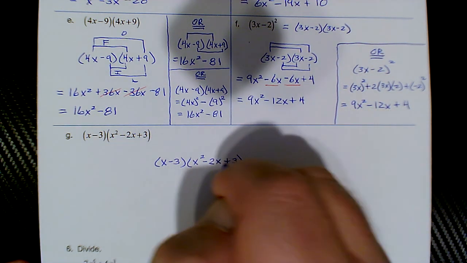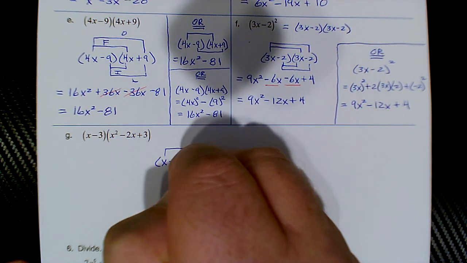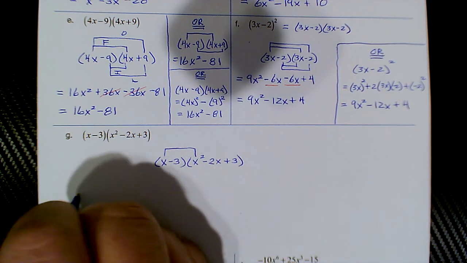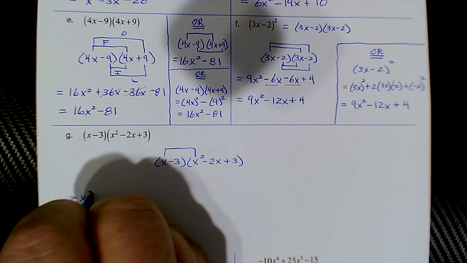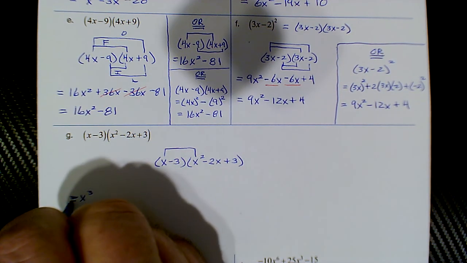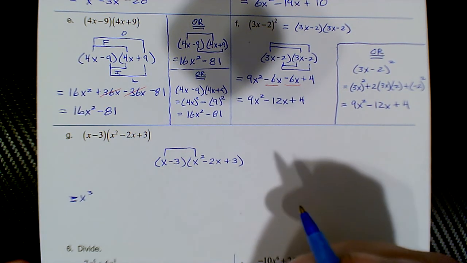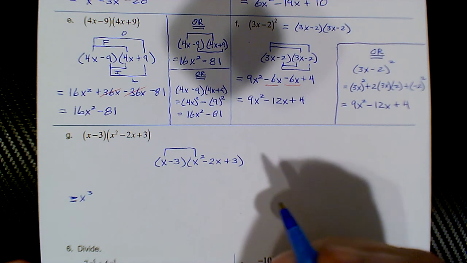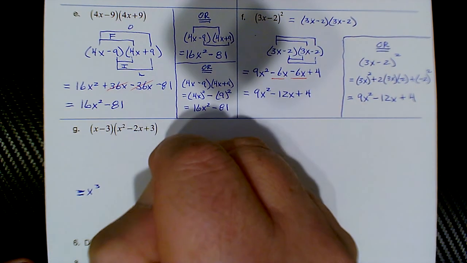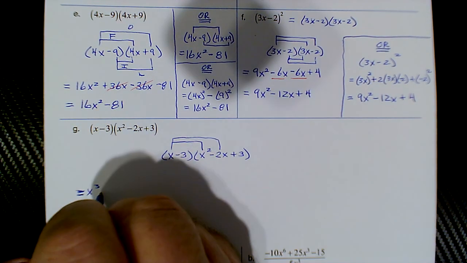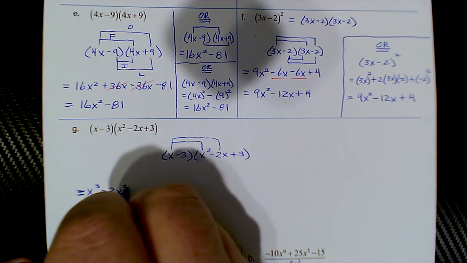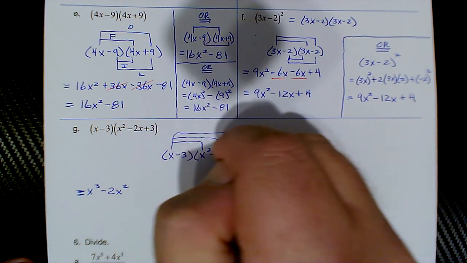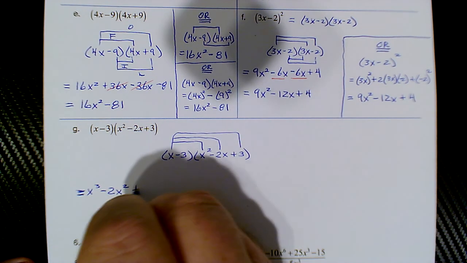So x times x squared gives x cubed. X times a negative 2x, negative 2x squared. X times 3 plus 3x. That ends the distribution for that x.